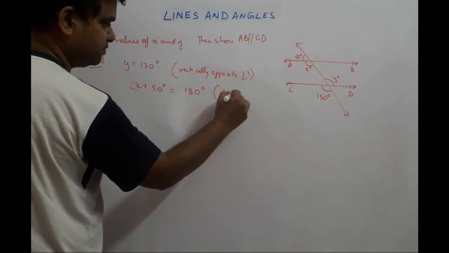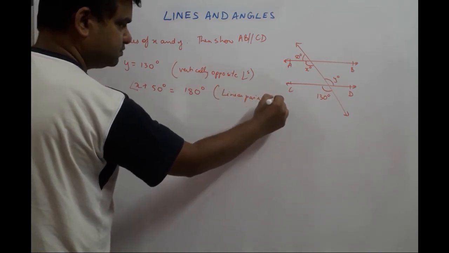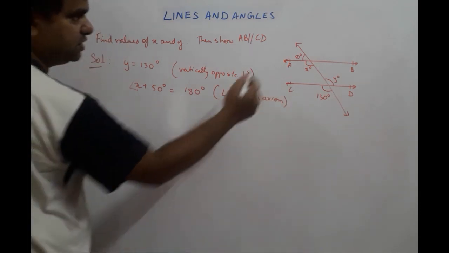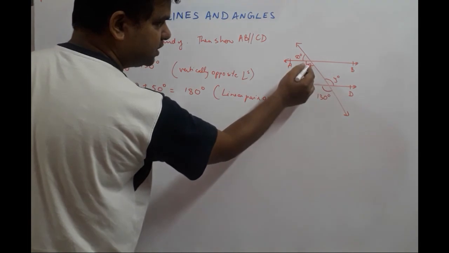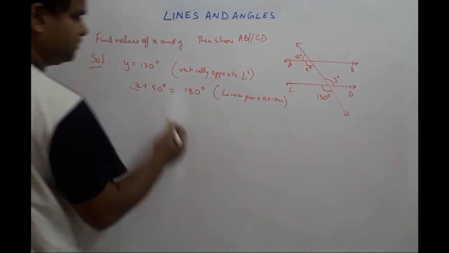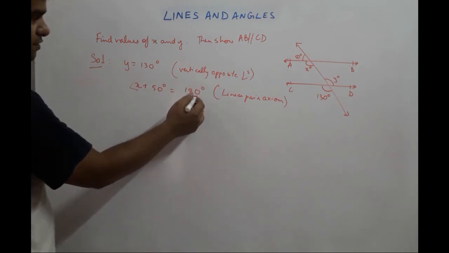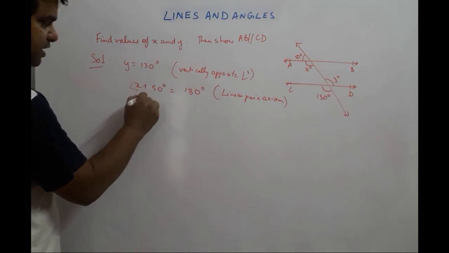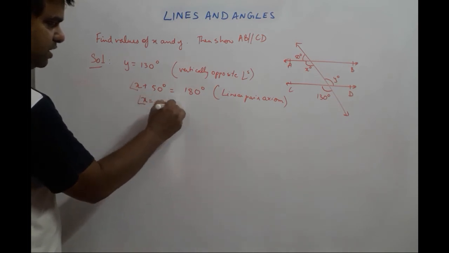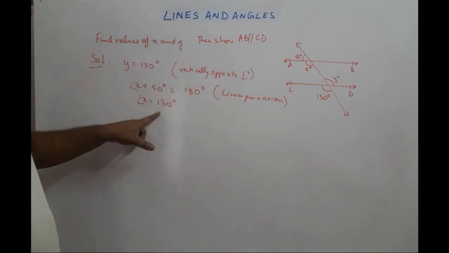You see this line, it stands on this line, so these are linear angles. So we take 50 degrees to the other side and we get angle x is equal to 130 degrees. So we've got x and y now.